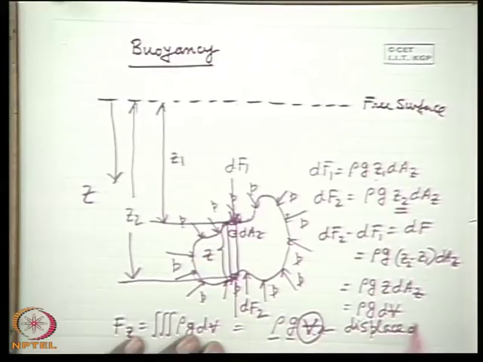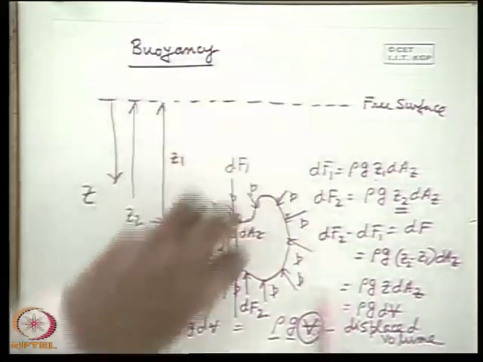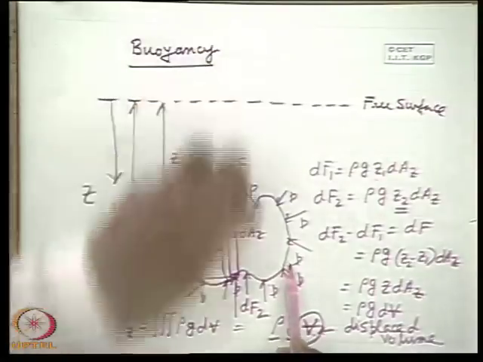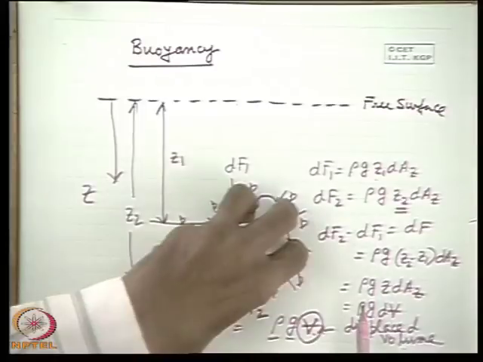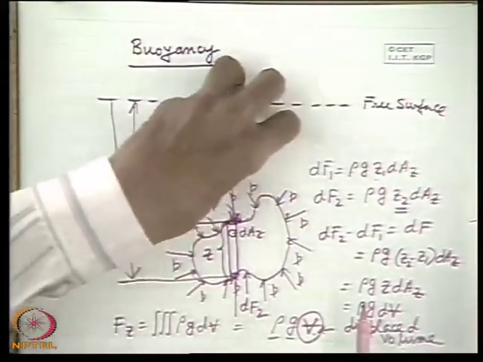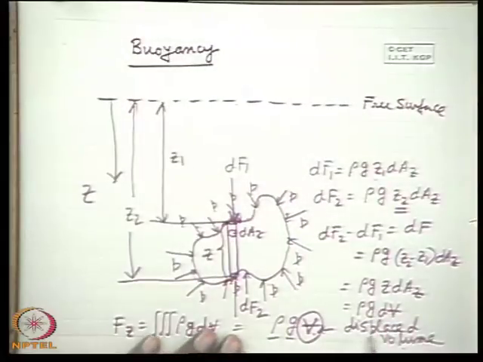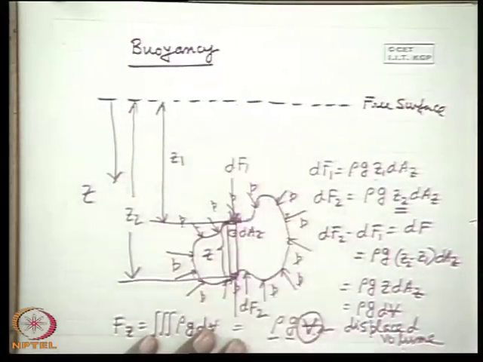Displaced volume is always the volume of the body immersed in the fluid. In the case of a submerged body which is totally immersed in the fluid, this displaced volume is the total volume, because it has to occupy its total volume. But when the body is partially submerged, that is partially immersed and not fully immersed, then this displaced volume is the volume of the solid that is within the fluid, that is, that part of the volume. So this is referred to technically as displaced volume.